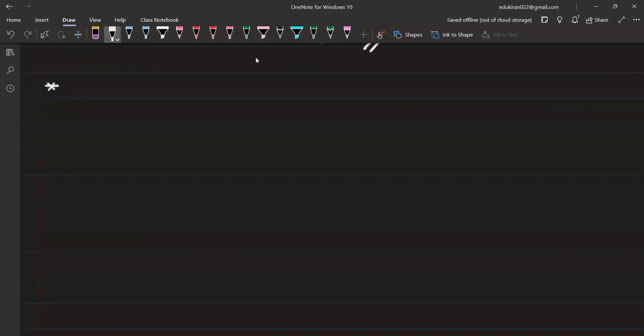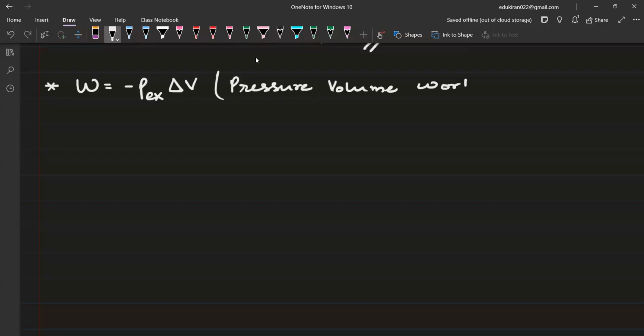There's a formula for work that you have to remember, that work can also be written as minus P external into delta V. This is known as pressure volume work. क्या मतलब प्रेशर वॉल्यूम वर्क का?